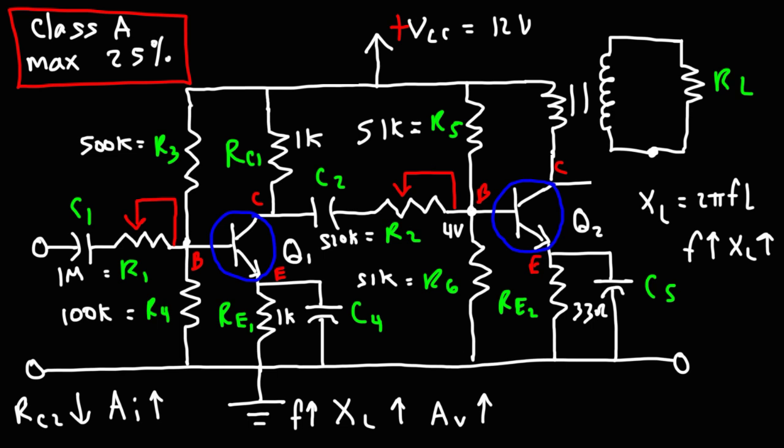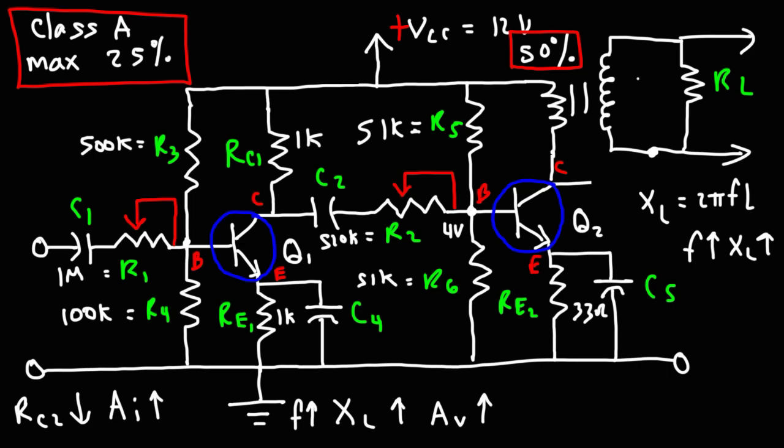But one advantage of using a transformer is the efficiency. The theoretical efficiency of a transformer coupled Class A amplifier is 50%. Now, in practice, you may get an efficiency of less than 40%, but nevertheless it is better than a regular Class A amplifier. And so you can get more power at the output.